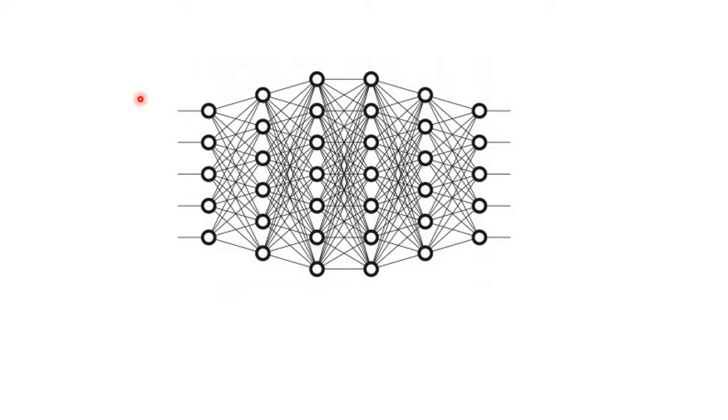Here's a schematic diagram of such a system, and here the little dots represent neurons and the lines represent the connections between those neurons. The idea then was to construct an artificial network of neurons. The neurons would not be, of course, biological. They would be mathematical functions, and there would be connections between the artificial neurons.